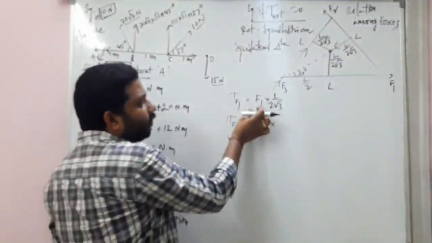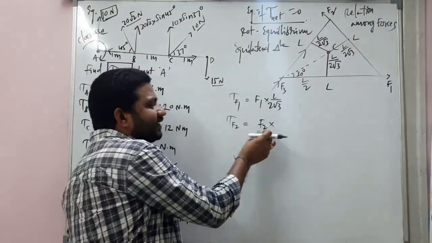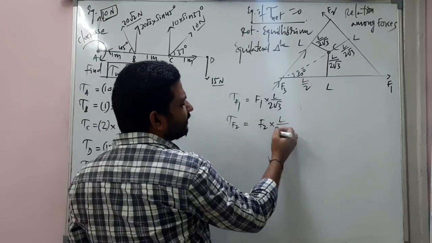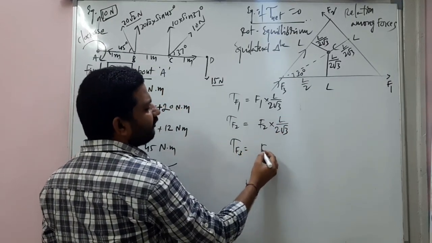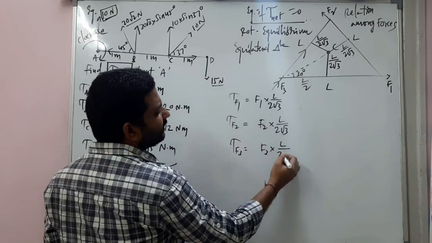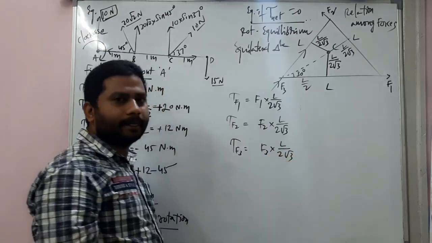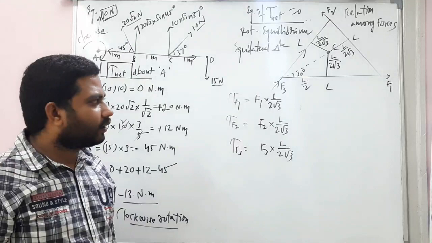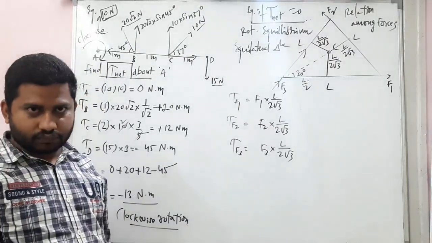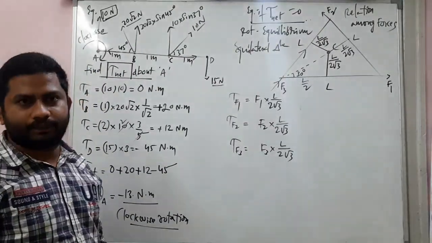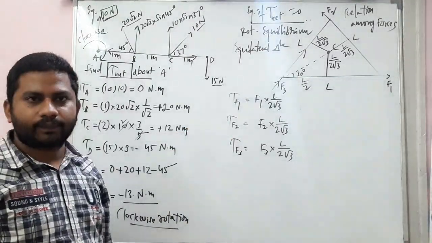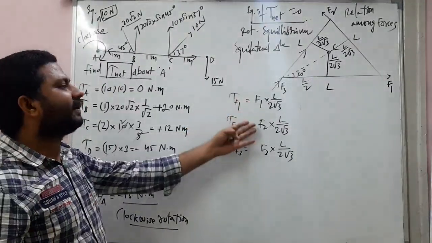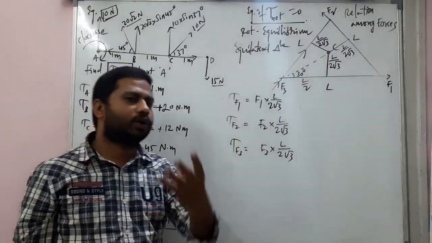And the torque due to the third force is F3 into perpendicular distance L by 2 root 3. So the net torque is 0, and the relationship will be F1 plus F2 plus F3 is equal to 0.